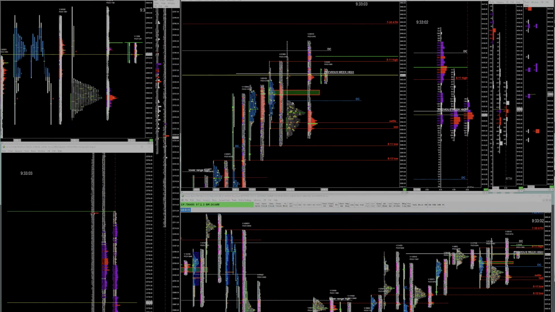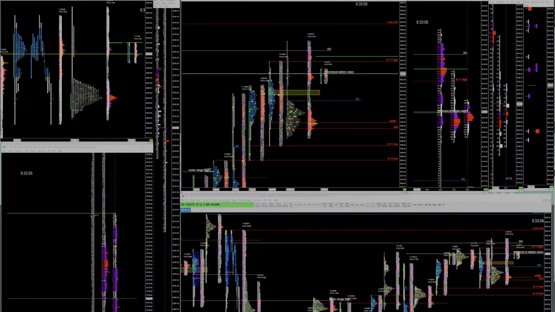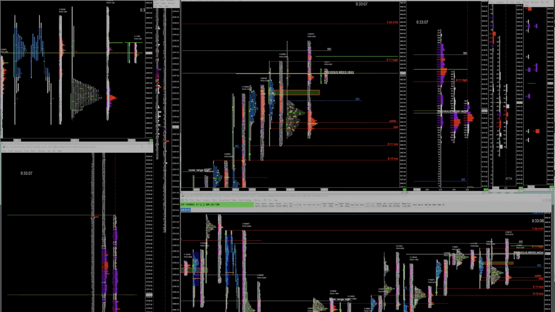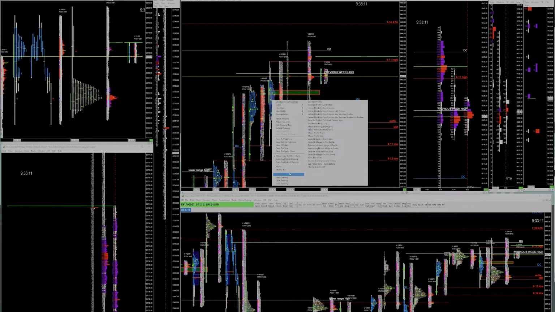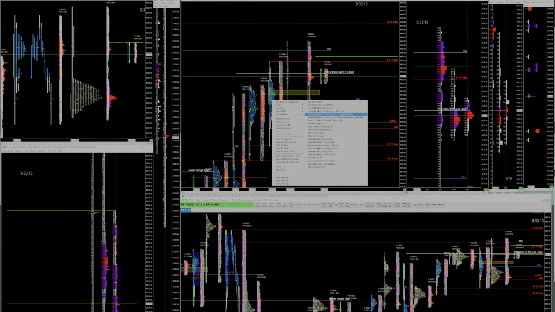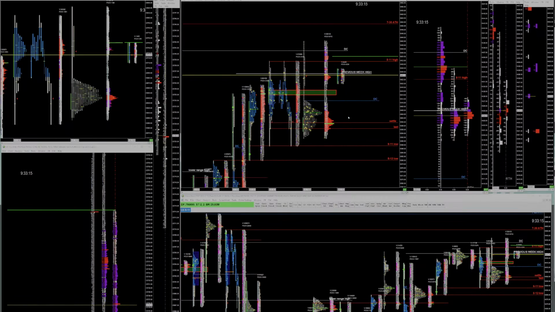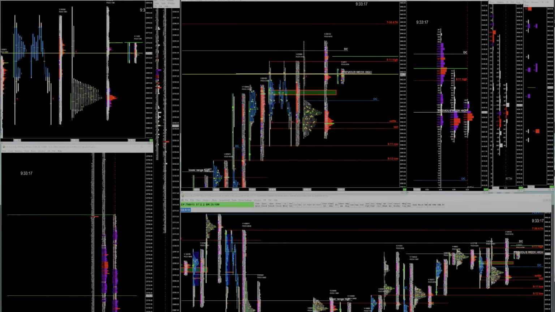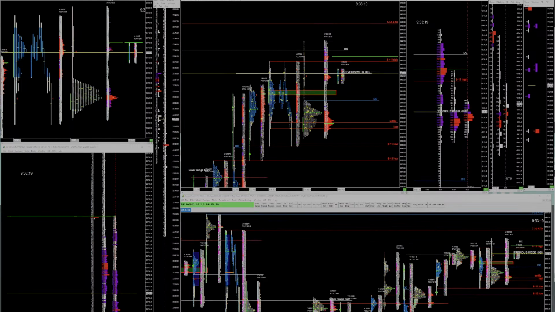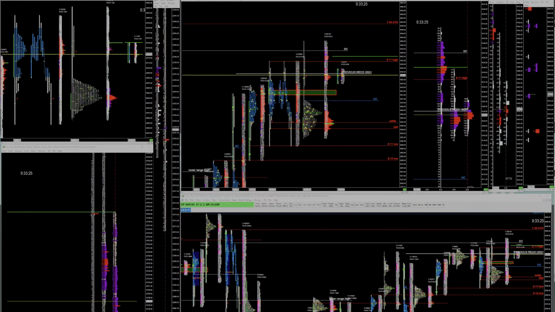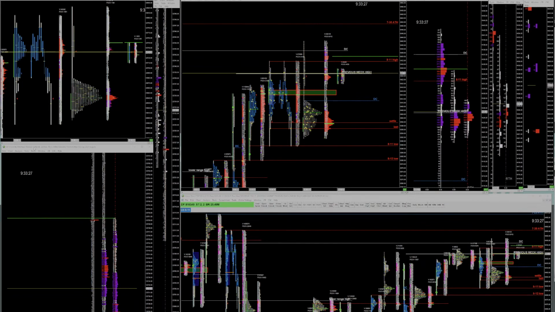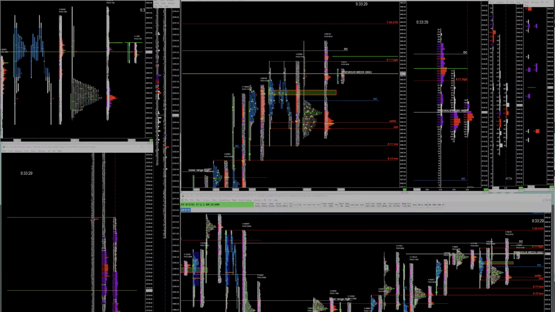If the market comes down here and takes it, why do I have this green area here? Why do I have this one? Why do I have this thing here?